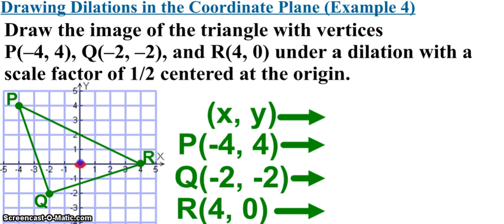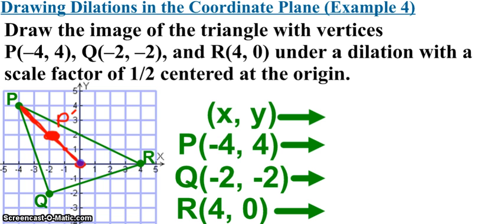Well, from the center to that point P, you see that here's 1, 2, 3, 4 diagonal units from the center. If we want to go halfway, since our dilation is 1/2, where I put that big red dot, that is going to be our new P prime.